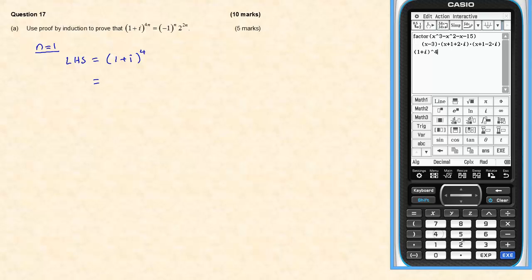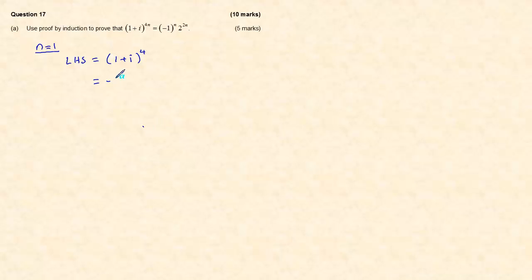So put that to the power 4, and that's negative 4. And then the right hand side would be (-1)^1 multiplied by 2 squared, which is also negative 4. So it's true for n equals 1.